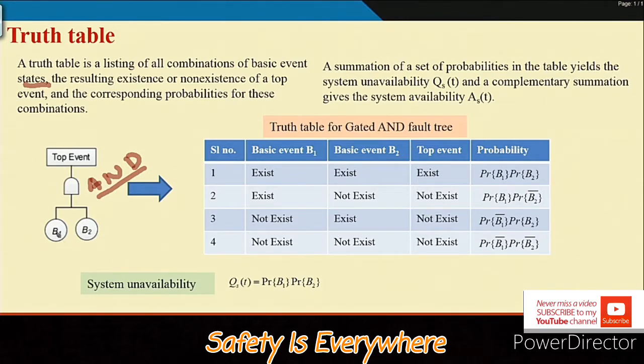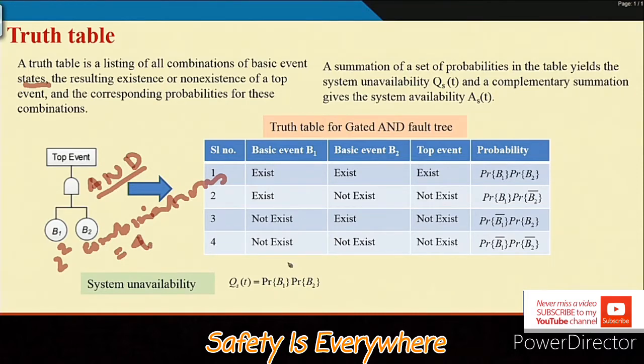From the component point of view, either the component failure exists or it does not exist. So, because of two components, we have 2 to the power 2 combinations, which is 4 combinations.